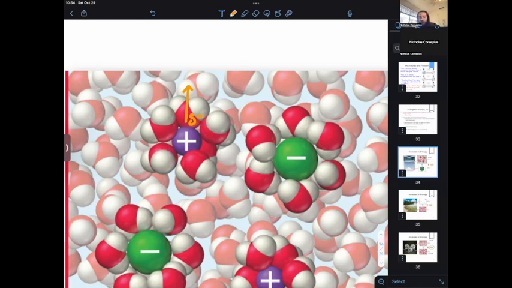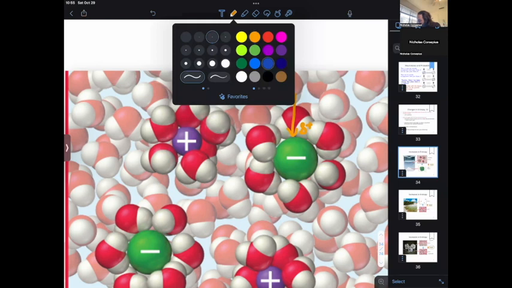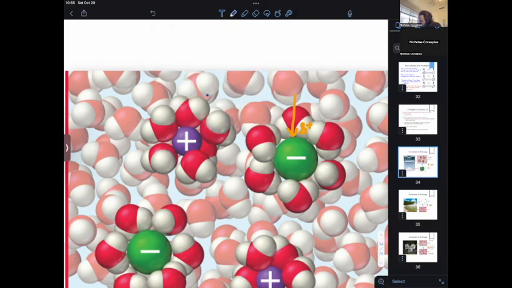Looking at the negatively charged ion, we see the same thing, but now the water molecules are flipped around, and it's the partial positive end of the water molecule that's interacting with that ion.